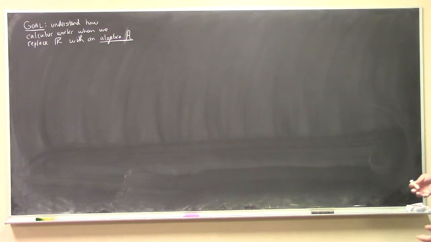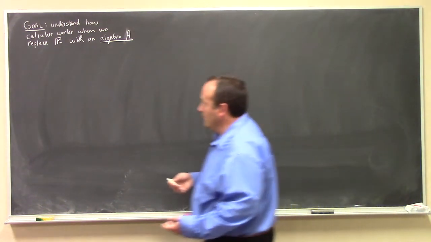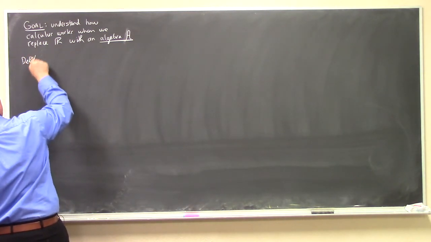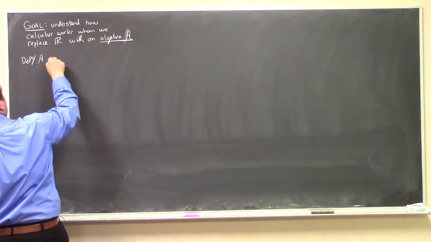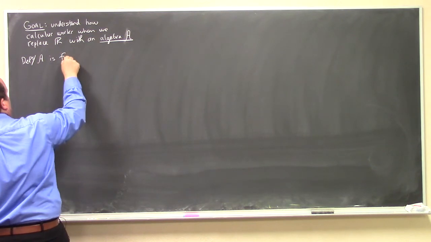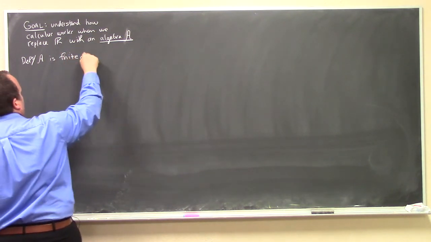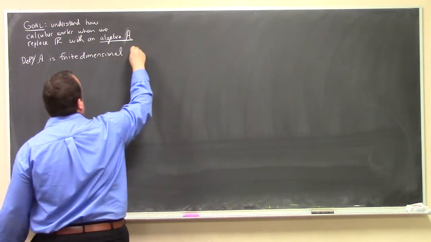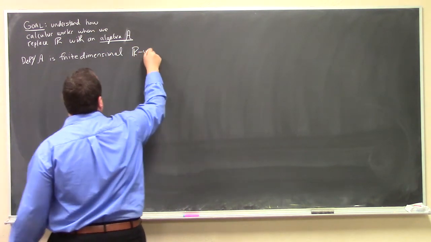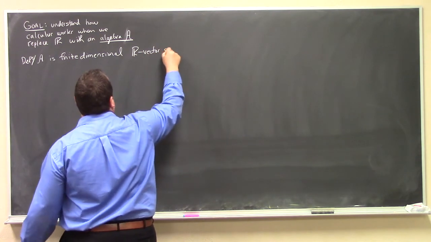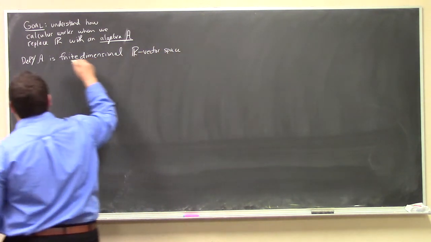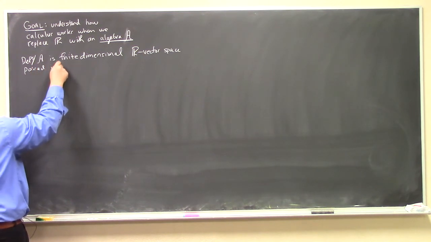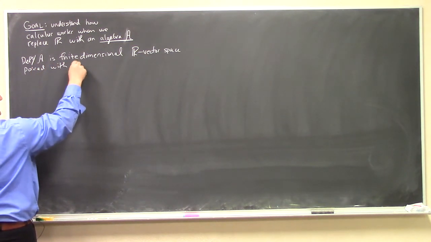But anyway, an algebra is, for us, a finite dimensional real vector space A paired with a product, which I'll write as star for the moment.